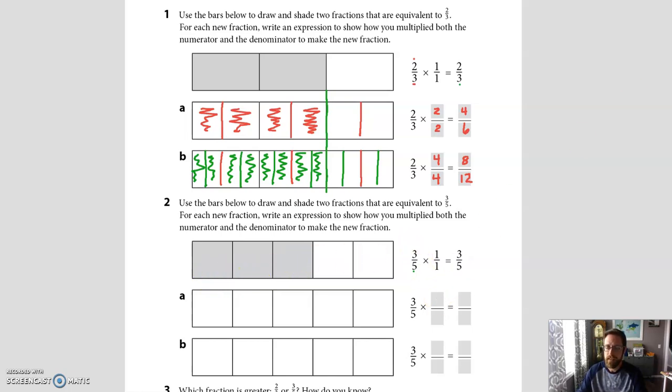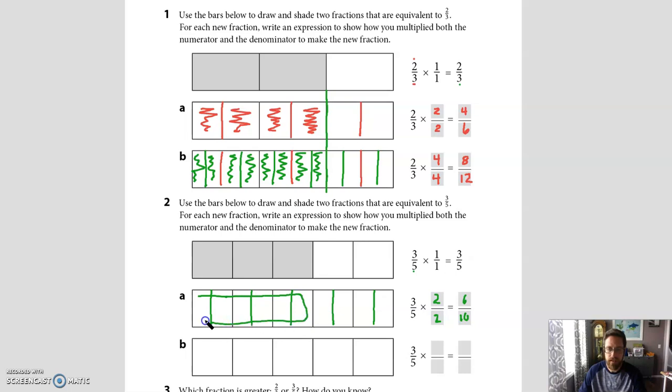So again, let's keep it simple. If I want to, again, do it by 2 and 2, that tells me I'm doing 6/10. All I'm doing is breaking each of these in half because my denominator doubled. So I'm going to have twice as many pieces. And then if I shade in 6 of the 10, that's 2, 3, 4, 5, 6.